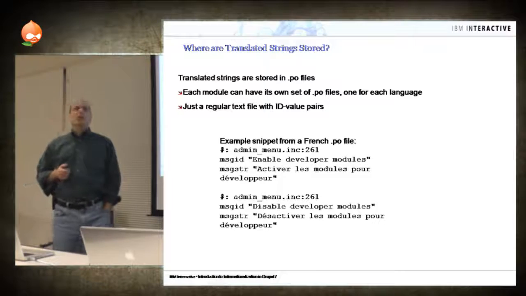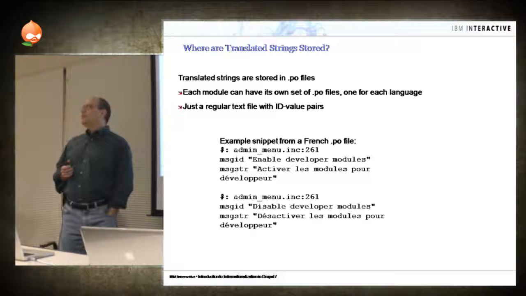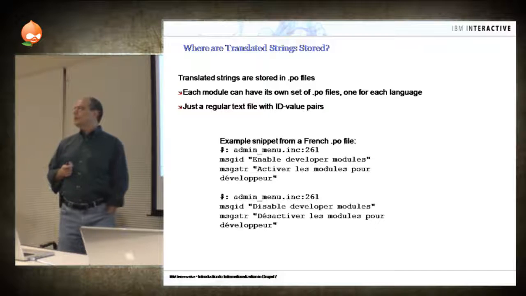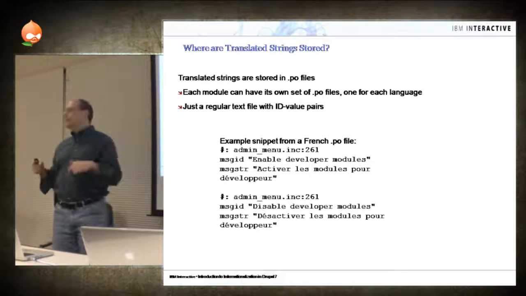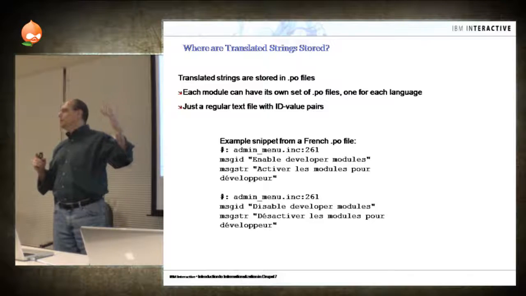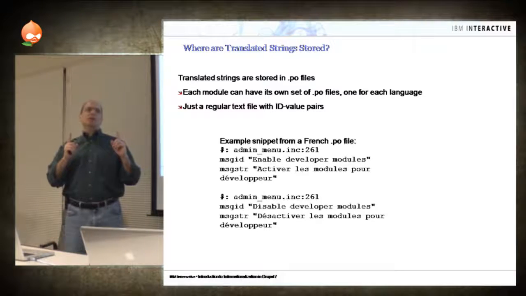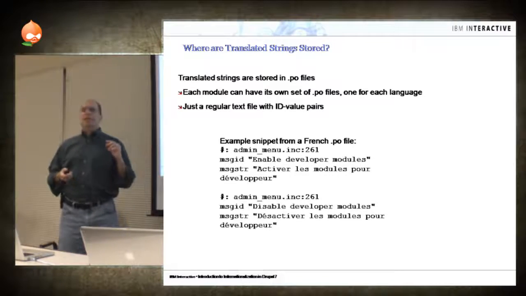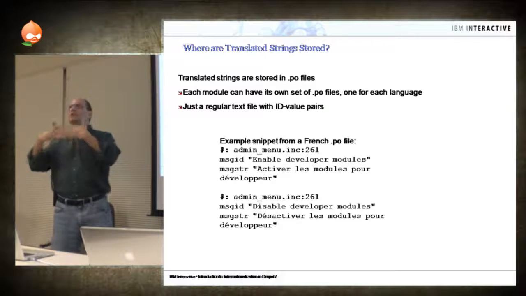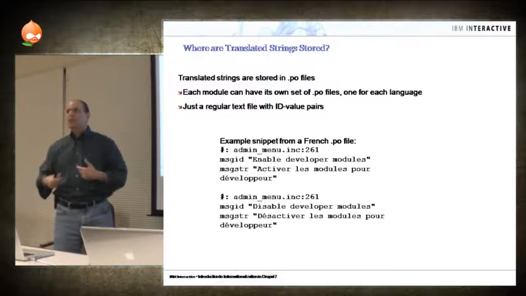Okay. So how many of you have developed with Drupal and are familiar with the t API? 1, 2, 3, 4, 5, 6. Okay. In the t API, you specify a string. For example, t, paren, quote, hello world, quote, paren, semicolon. That hello world, if the PO file doesn't exist, will just show up on your screen as hello world.